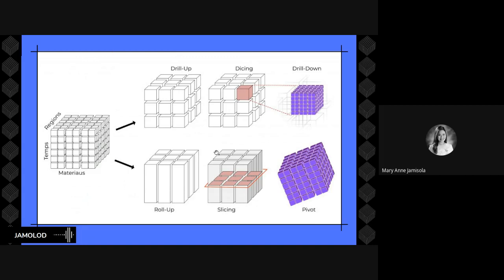Okay, so this is one of the processes that the OLAP cube can perform. You have here the OLAP cube, and then you can drill it up and dice it. So one aspect, and then drill it down into several aspects. You can roll up.